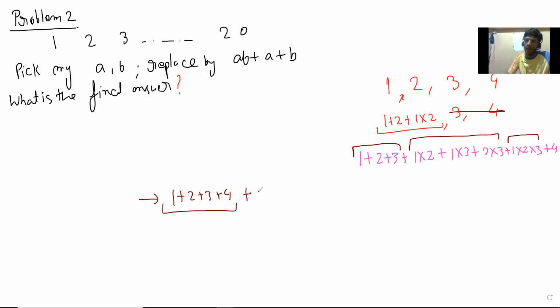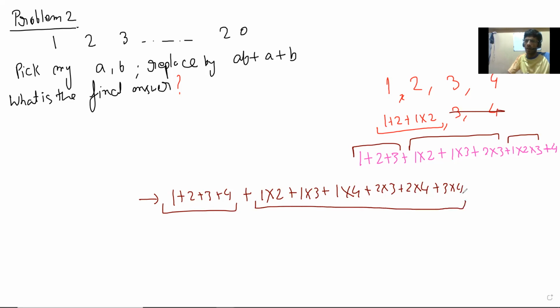That's right. And 3 at a time also. So that's right. There'll be a lot of expressions. So that is there, and 1 into 4. Then you have 2 into 3 plus 2 into 4. Let's write it. Then there will be 3 at a time.